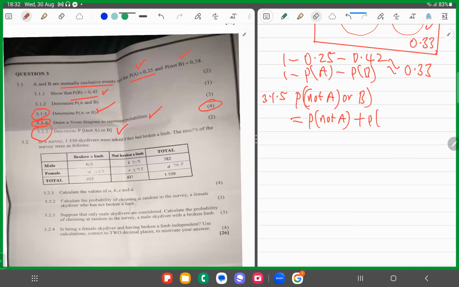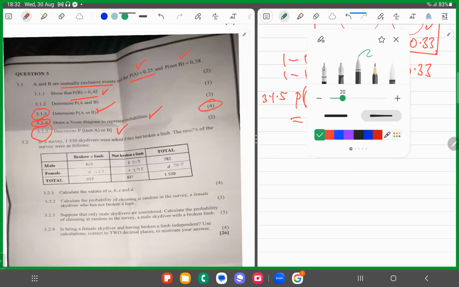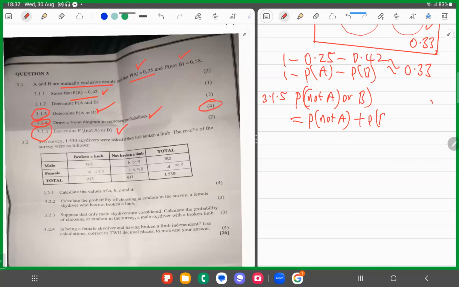Let me write properly, and let me use the red color here. The probability of not A or B is the probability of not A plus the probability of B, and then we subtract the probability of not A and B. So what is the probability of not A?